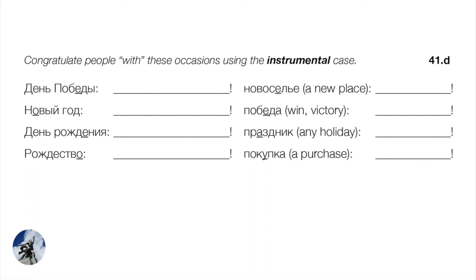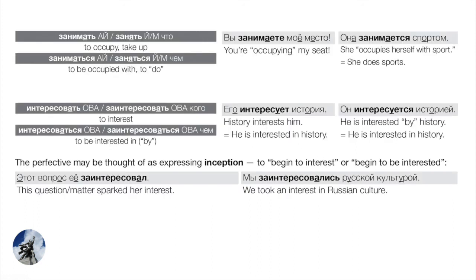Okay, let's look at reflexive verbs with the instrumental, and we already saw an example with our first poster today. Let's look at a verb like занимать, занять, which means to occupy or to take up, literally. We know this already. That's a transitive verb, in the sense that you can occupy something, so you can follow that up with a direct object.